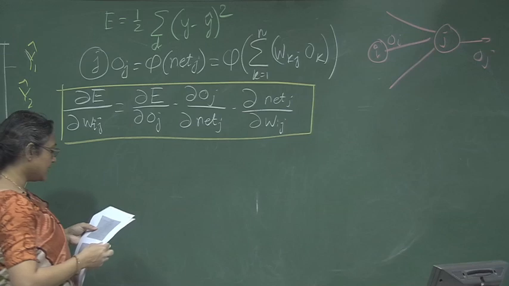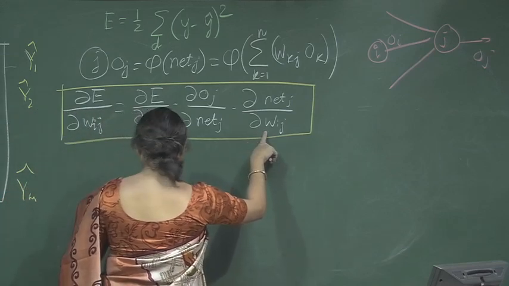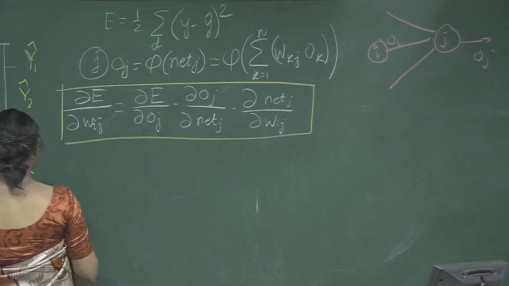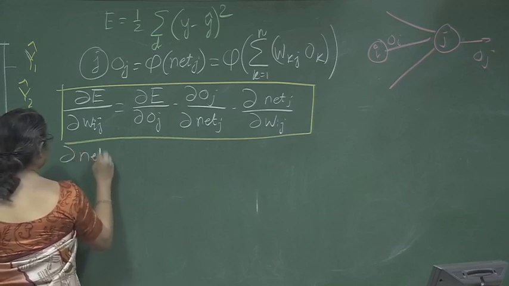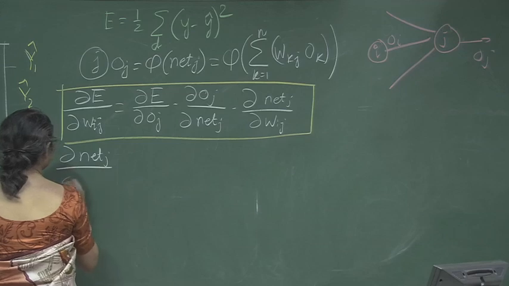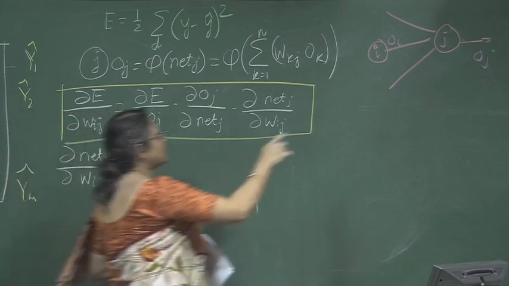So, first let us look at del net j by del wij. What is net j?